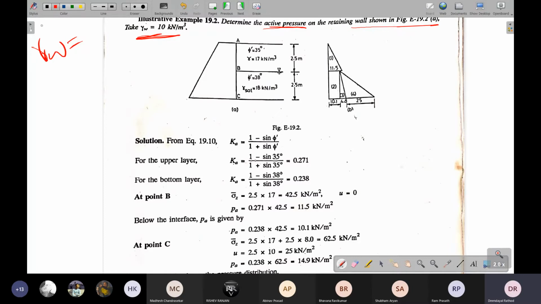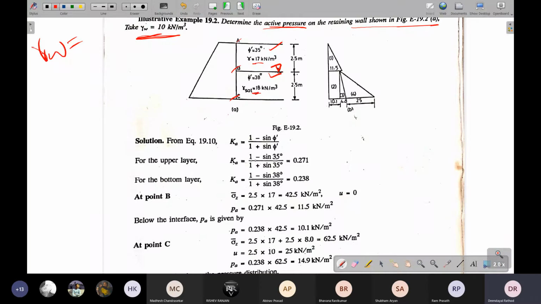Here this figure is given, again point A, point B, point C. 2 layers of soil with phi equal to 35 and phi equal to 38. And here again 17, 18. There is a water table here, so below that it is in a saturated condition.